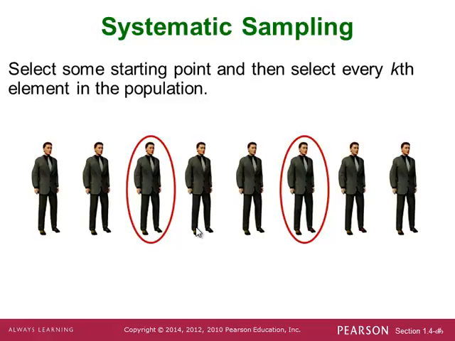Or you maybe grab every 10th person as they exit the department store and ask that individual a question. Or you can go into an apartment complex and knock on every third door and ask the head of household a question. Those are all examples of systematic sampling.